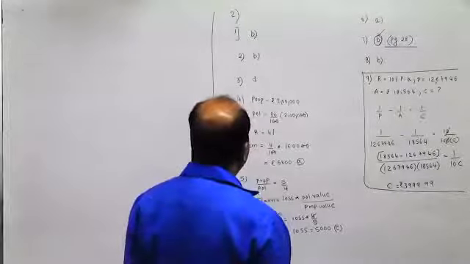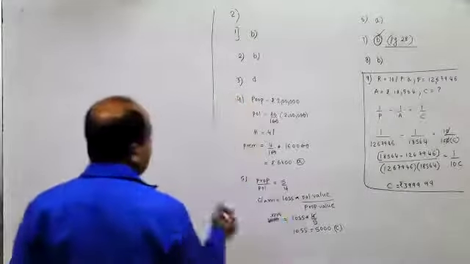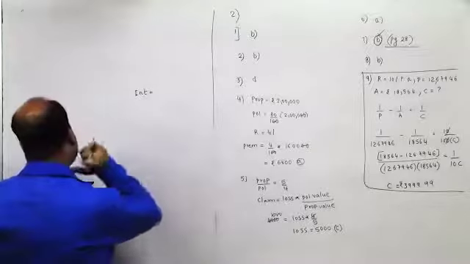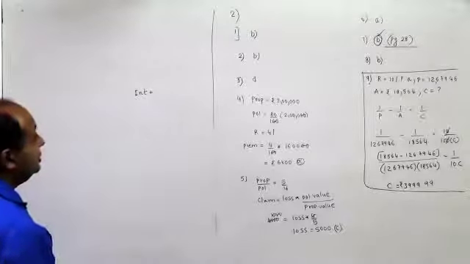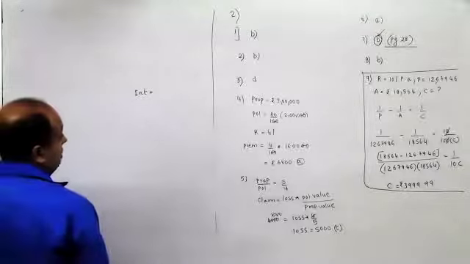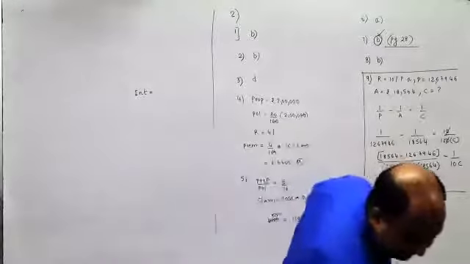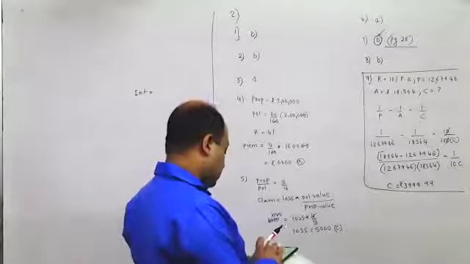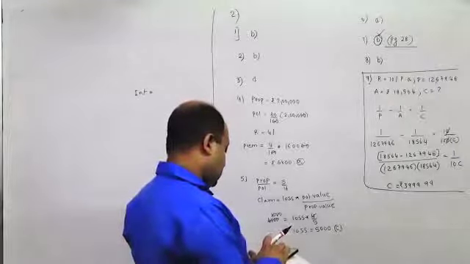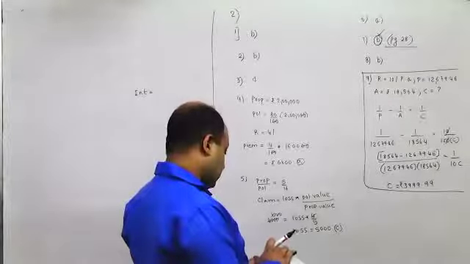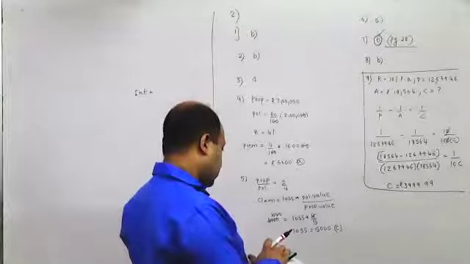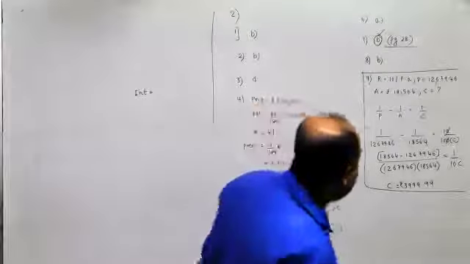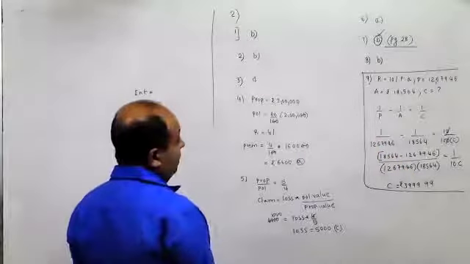Interest is amount minus principal. This is 5884. How can we derive it?